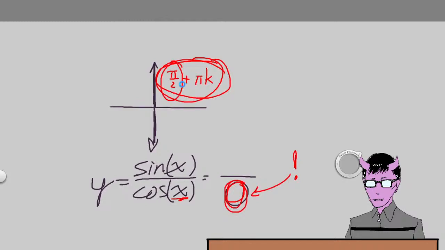Which, in the easiest, smallest sense, are pi over 2 and negative pi over 2. Because if k is the integer negative 1, negative pi plus pi over 2 results in negative pi over 2. Those are the closest vertical asymptotes, you'll see what I mean by closest in a moment.